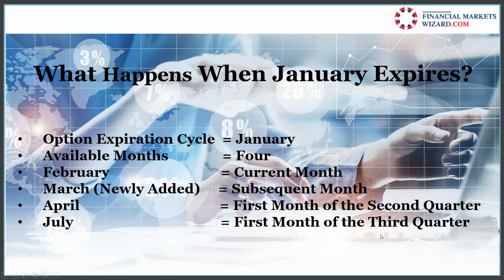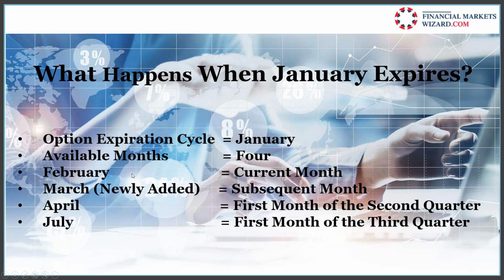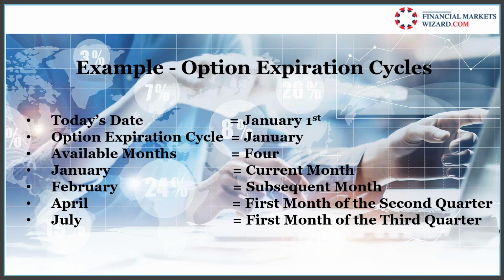Okay, so next, what happens when February expires? Let's go deeper. So the option expiration cycle is January, right? We know that. We also know there are always 4 months available. So when February expires, the month of March becomes the current month. Remember, March was the subsequent month before, and even before that there was no March.